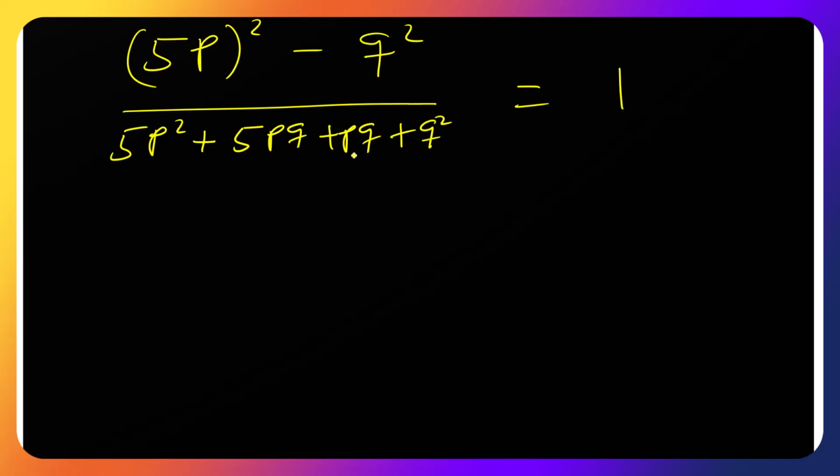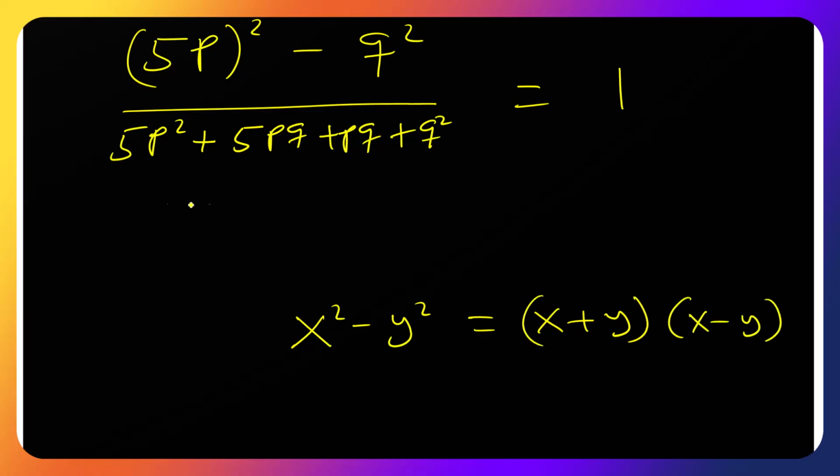Okay, so we can factorize something out here. But let's observe the numerator. x squared minus y squared is the same as (x plus y)(x minus y), the difference of two squares. So the numerator is (5p minus q)(5p plus q).